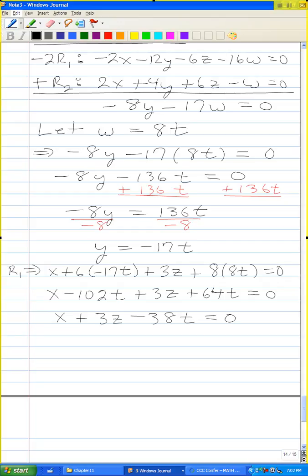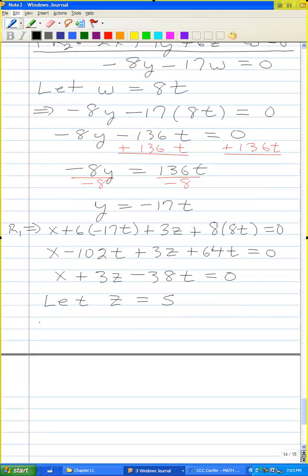So let z equal s, the other parameter. Then this equation becomes x plus 3s minus 38t equals 0.